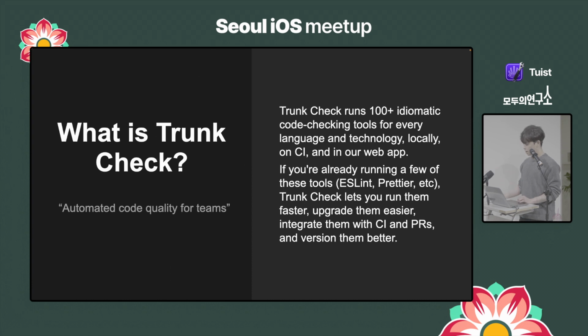For teams that already have tools like ESLint, Prettier, or something like that, trunk check doesn't replace the tools. It supercharges them, making them faster and easier to manage. By integrating directly with CI systems and PR workflows, trunk check ensures every line of code is structured for quality and standards compliance before it ever makes it to the main branch.